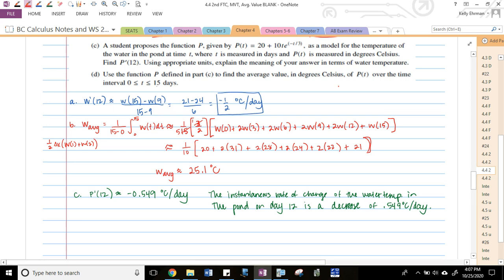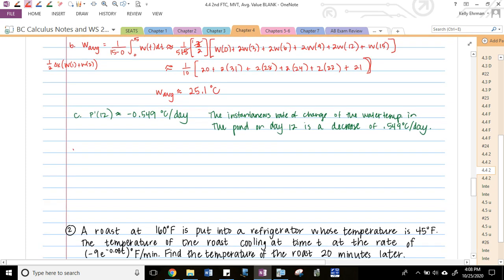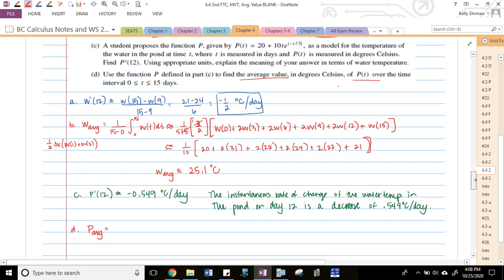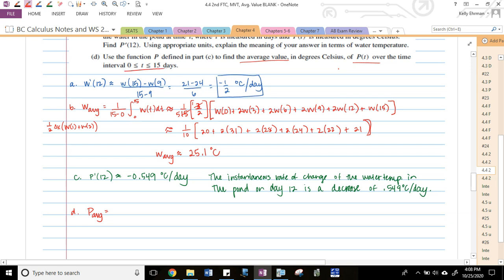All right, part D. Use the function P defined in part C to find the average value in degrees Celsius of P of T over the time interval from 0 to 15 days. So the average value of P average is equal to, we want the value over the 15 days.